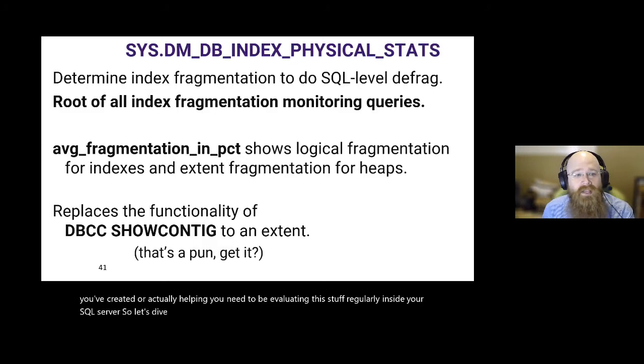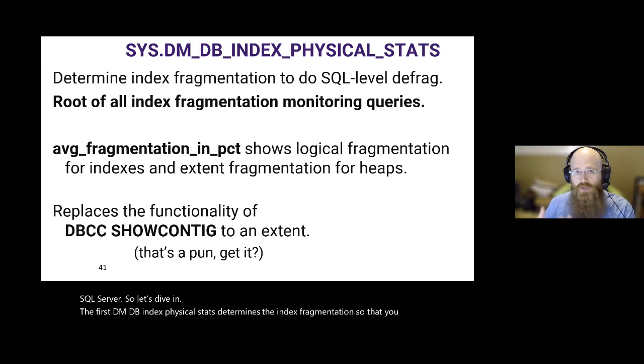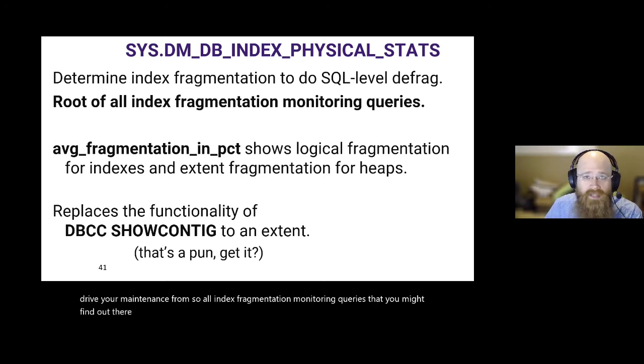So the first, DMDB index physical stats, determines the index fragmentation so that you can drive your maintenance from that. All index fragmentation monitoring queries that you might find out there, including what's built into SQL Server's maintenance plans or the Ola Hallengren scripts or anything that you write yourself, are going to be based on this DMV.